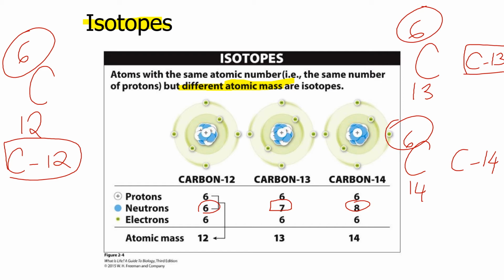Carbon 14 is a radioactive element, meaning that it has radioactive characteristics, and we use radioactive carbon 14 for carbon dating. If there is a fossil and you want to figure out how old the bone is, we figure out how much carbon 14 it has within it. Carbon 14 has what we refer to as a half-life.